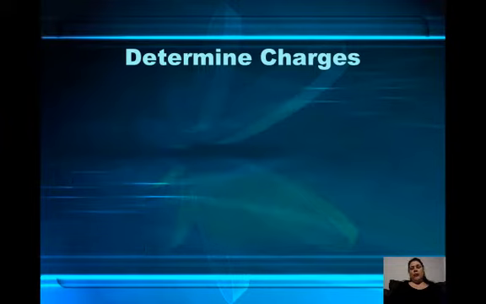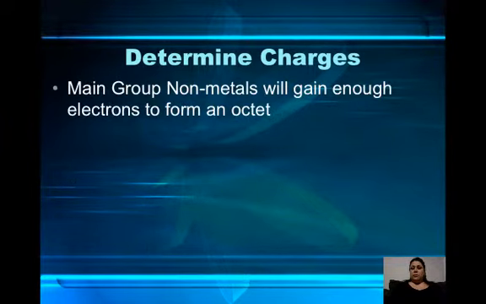Something similar happens to nonmetals. Nonmetals gain enough electrons to form an octet. So oxygen, for instance, has an electron configuration of 1s2, 2s2, 2p4. So how many electrons does it need to gain in order to fill that p orbital?